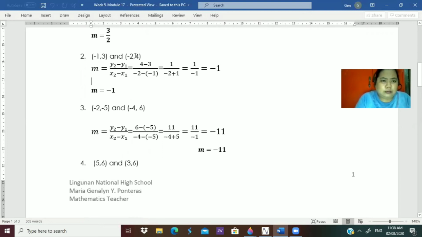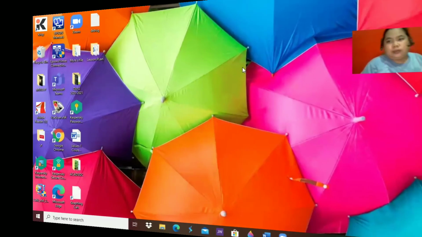So my y sub 2 is 4, and y sub 1 is 3. So 4 minus 3, 1. Then ito, negative 2 minus negative 1. Okay. So mapapansin nyo, nagbago tayo ng sign. Why is it nagbago tayo ng sign? Just because in-apply natin ang rule of subtraction.